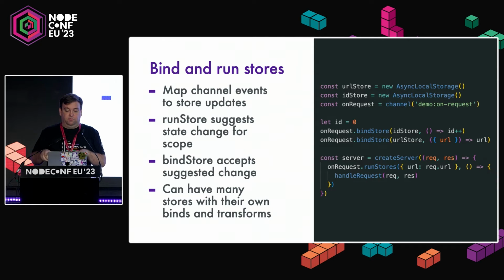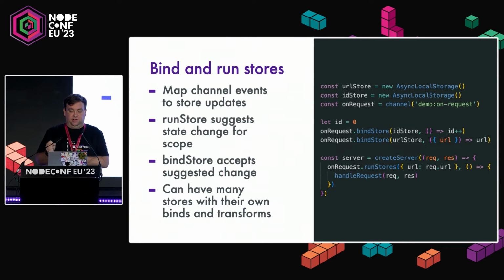The run store suggests a state change for a scope to accept. So it's optional. It's essentially like AsyncLocalStorage, where you might want to do a run around this, but it's produced as a Diagnostics Channel event, and then the other side can accept it. So the bind store is what does the accepting.